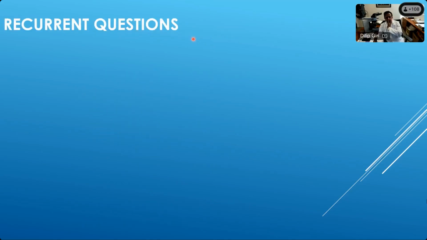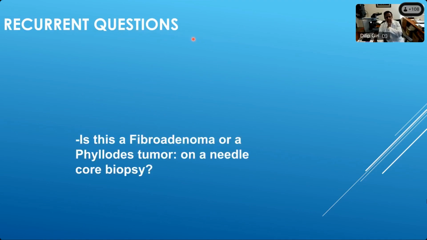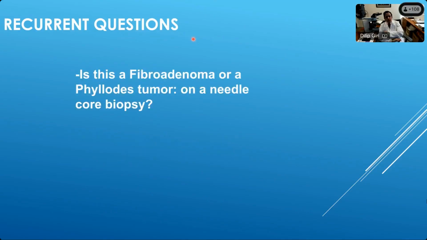Now the recurrent question when it comes to these lesions is, of course, is this a fibroadenoma or a Phyllodes tumor on a needle biopsy?